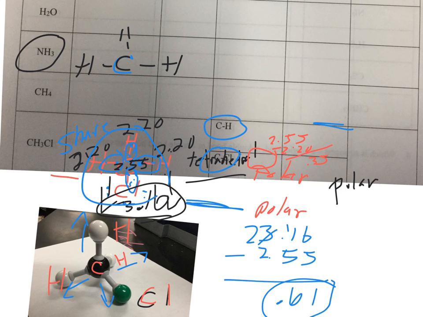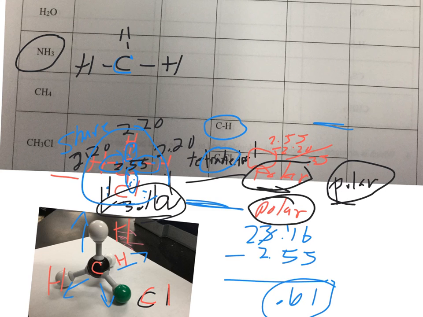So now the whole molecule was polar and the bonds were polar, right? But what could we do to make it non-polar? You had carbon, hydrogen, hydrogen, hydrogen, and a chlorine. What could we have done? Change the chlorine to hydrogen.